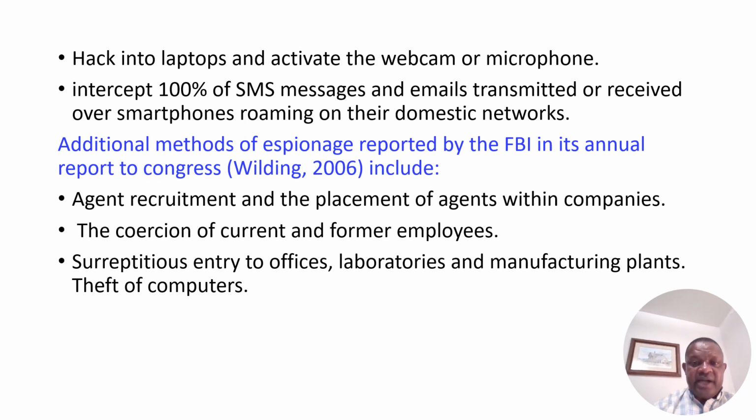Additional methods of espionage reported by the FBI in its annual report to Congress in 2006 include agent recruitment and placement of agents within companies, the coercion of current and former employees, surreptitious entry to offices, laboratories and manufacturing plants, theft of computers.